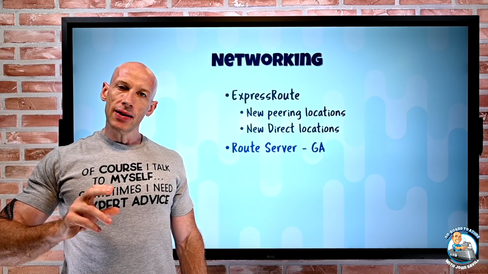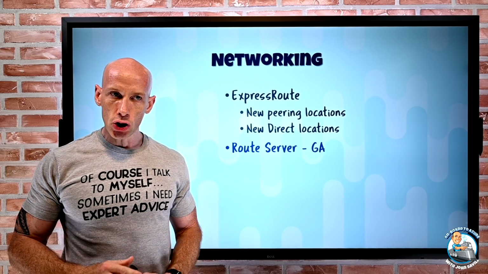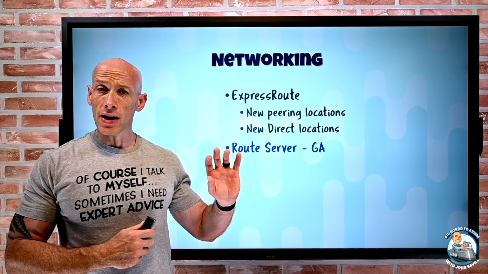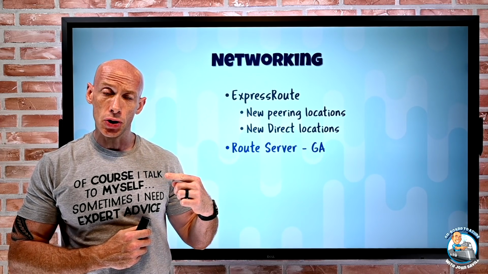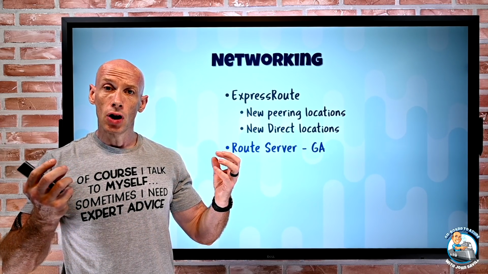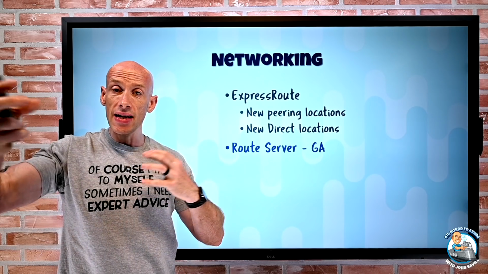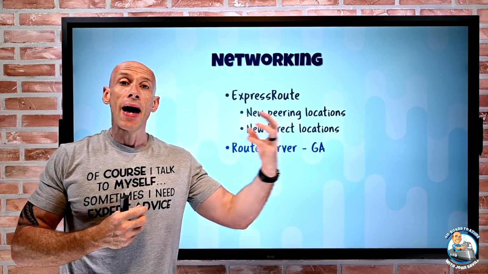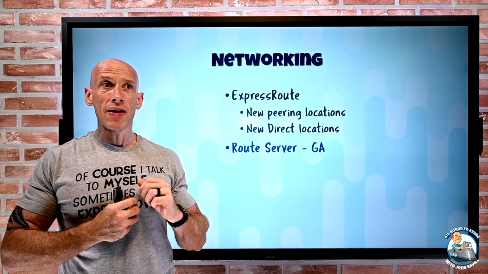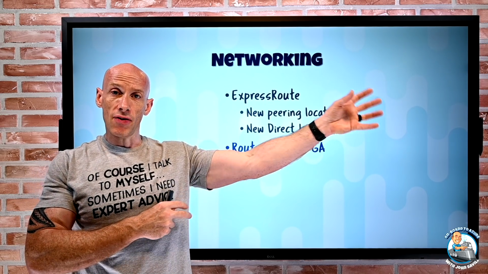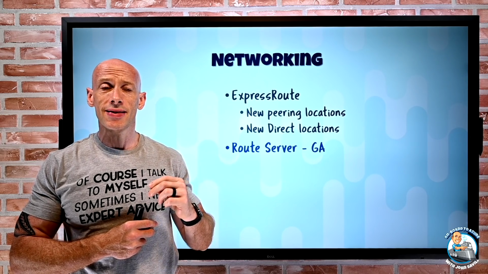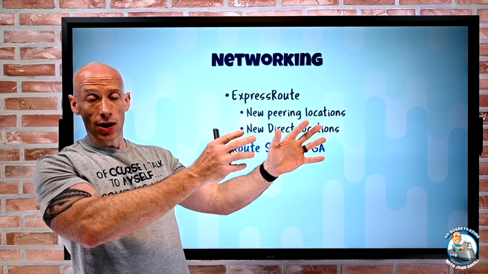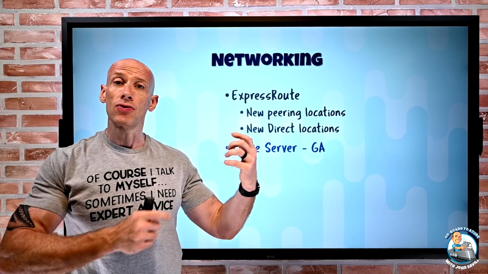But it's basically the ability to have this service running in my virtual network that things like network virtual appliances can establish a BGP relationship to, and then both learn routes about the VNet and what the VNet is connected to, and push routes. For example, if I had an NVA connected to another network, in the past I'd have to use user-defined routes to say, hey, if I'm trying to get to this location, this is the NVA you have to go to.